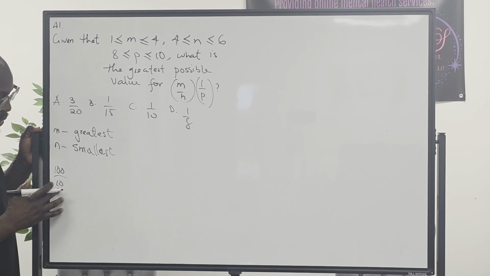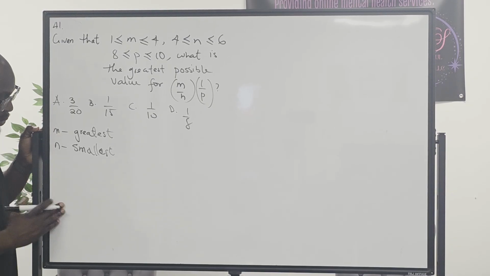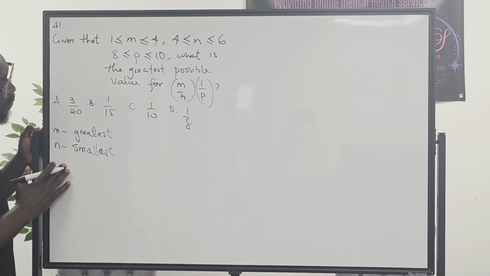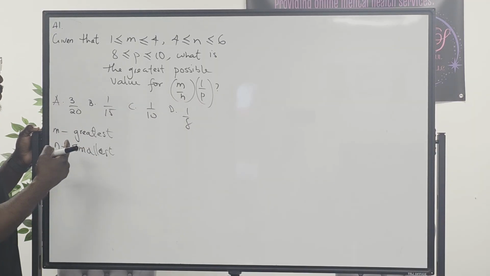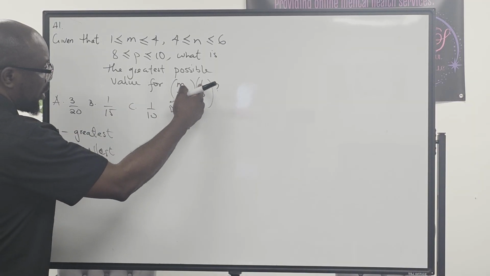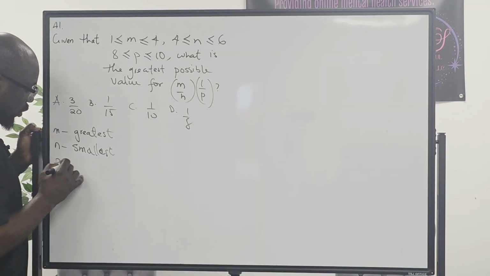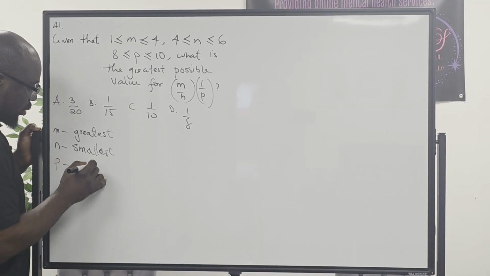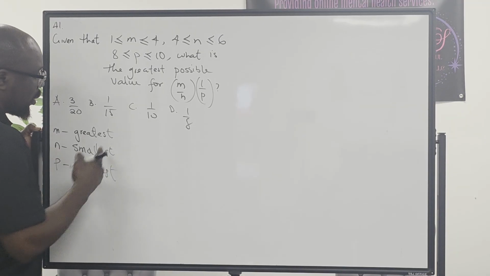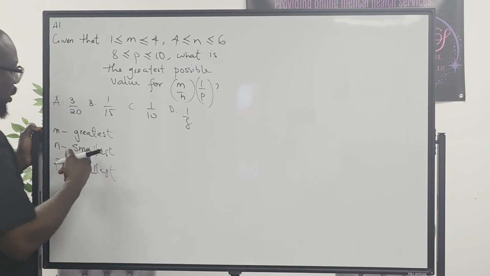The bigger number should be on the numerator. The same thing with p: for it to have a bigger number, p also has to be the smallest, right? So now let's solve for this.